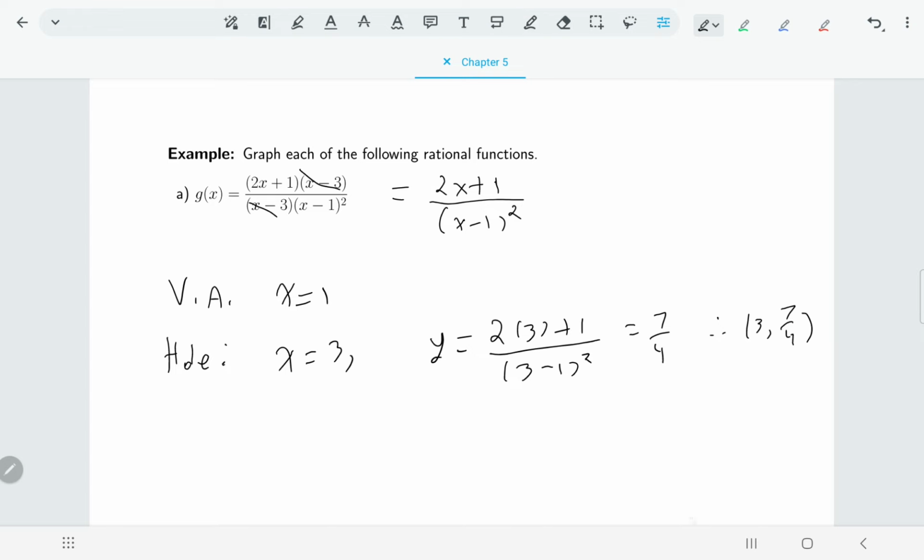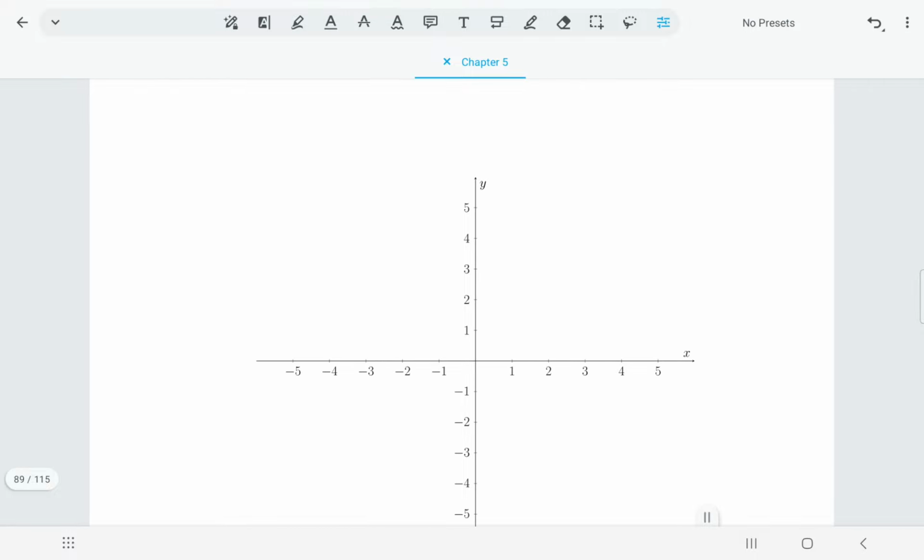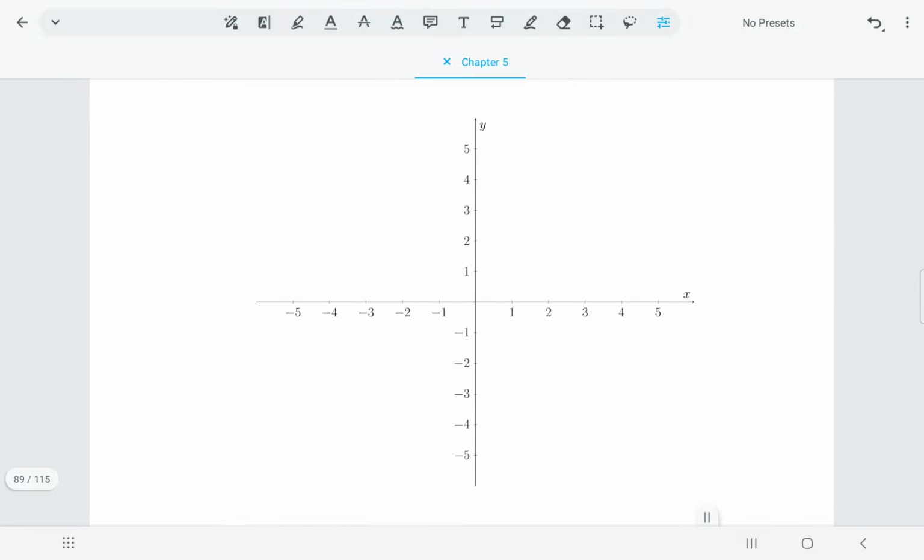So what we'll do now, just before we get too far into it, we'll start by graphing our vertical asymptote and our hole. So we've got it all plotted. So we have a vertical asymptote, x is equal to 1.